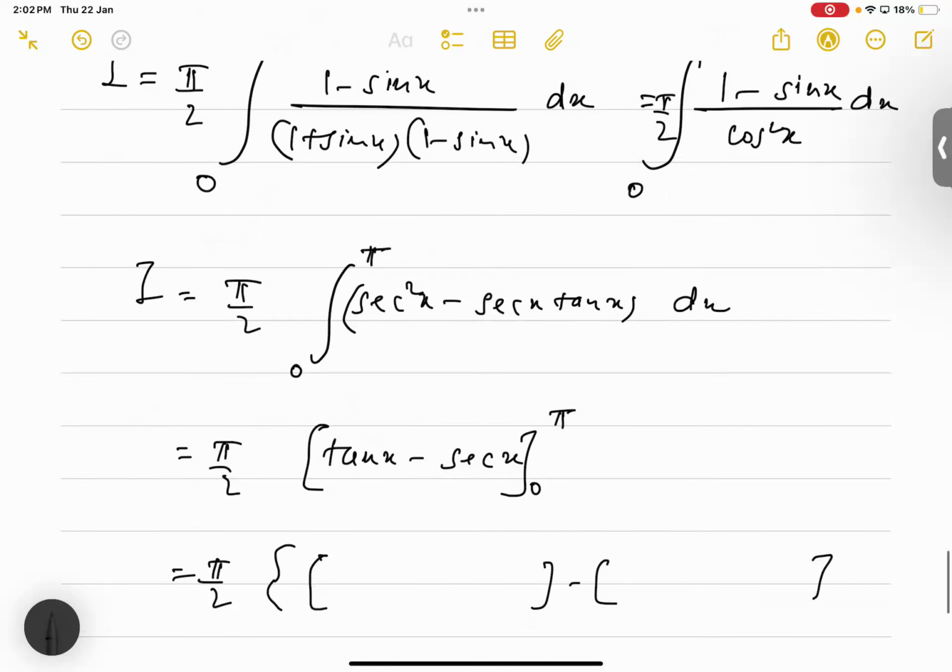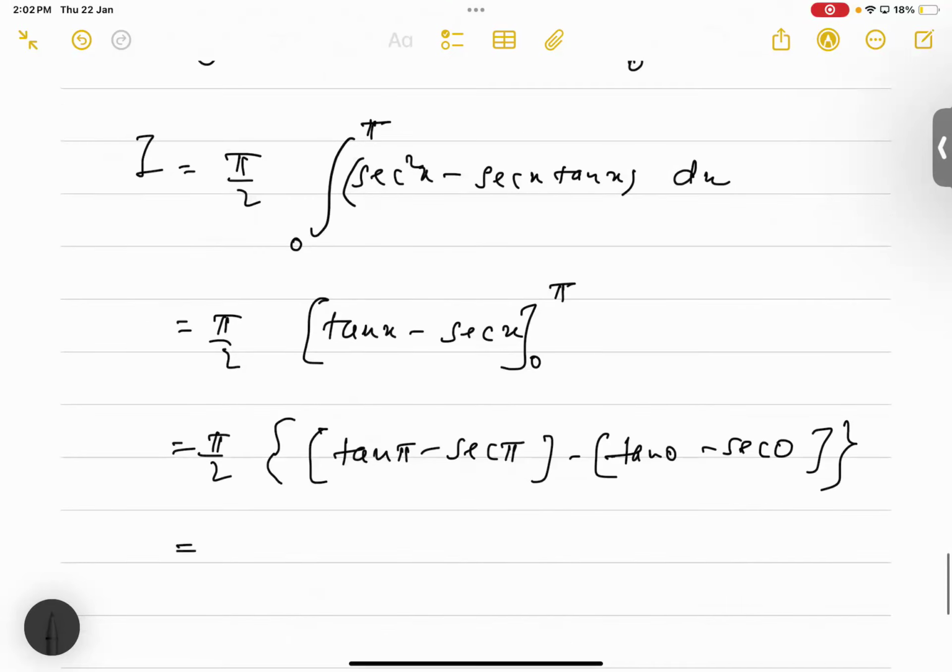Now what? Box minus box. Tan pi minus sec pi, tan 0 minus sec 0. Tan pi, tan 180, which is sin 180 upon cos 180. Sin 180 is 0, so tan 180 naturally is 0.